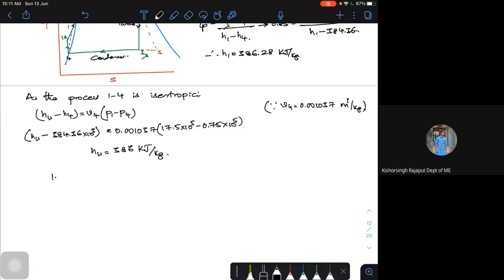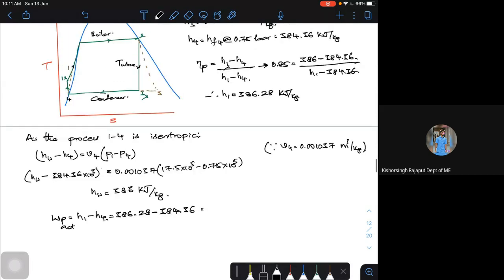Your actual pump work will be H1 minus H4, this is actual. This is 386.28 minus 384.3.